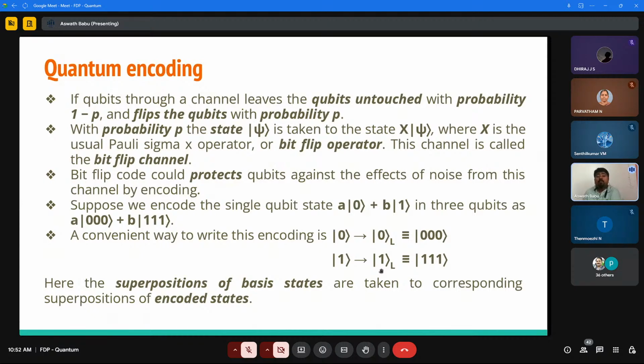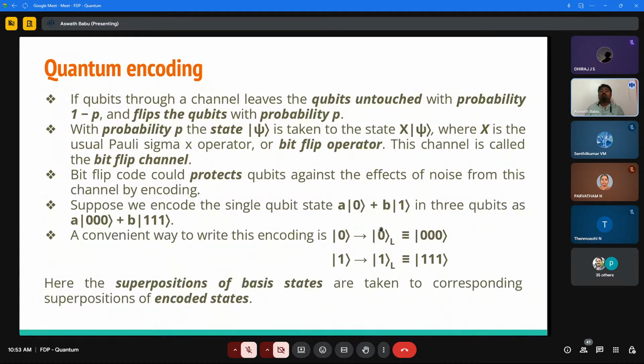Now I'm creating a superposition of logical kets, a superposition of basis states which are encoded into the new logical 0L and 1L. And what is the difference here?